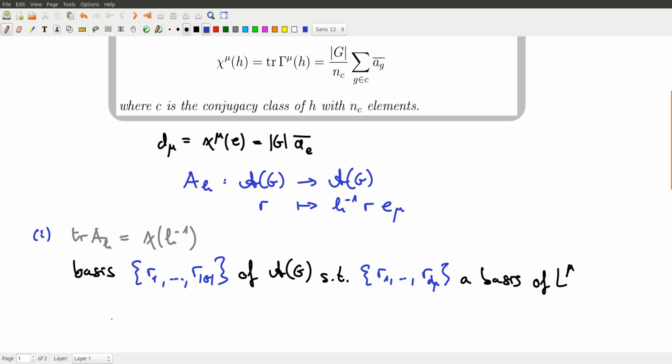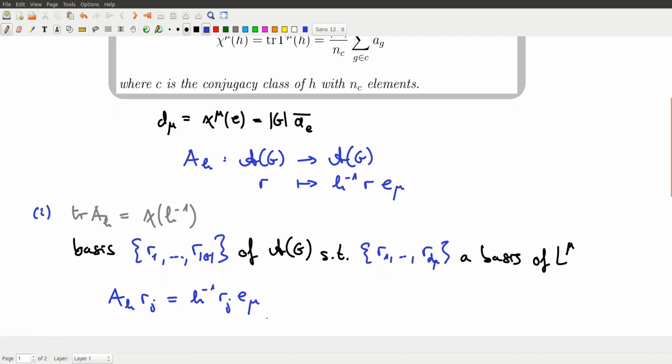Now let's apply this A sub H to one of these basis vectors, let's say to Rj. Then we get H inverse Rj E mu. But since E mu projects to the left ideal L mu, this expression is 0 whenever j is larger than or equal to d mu.